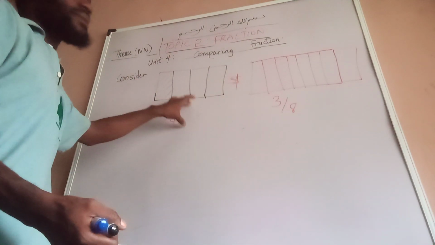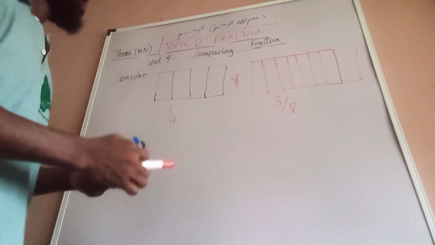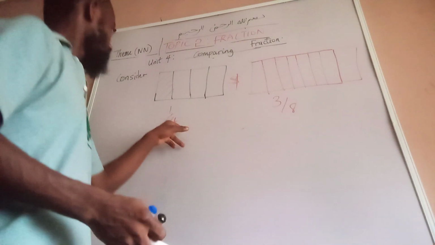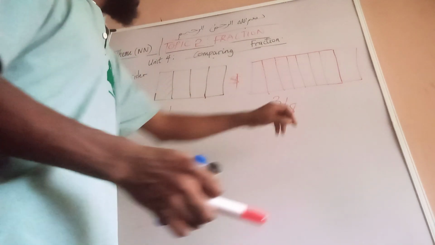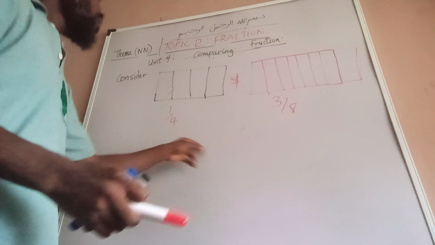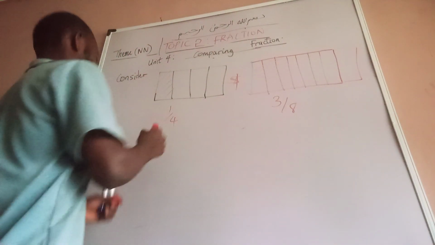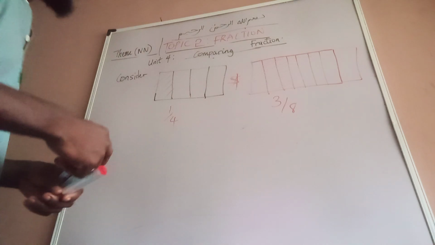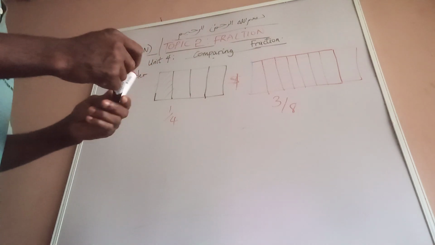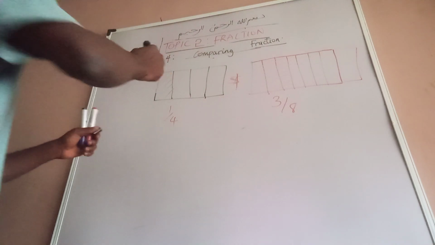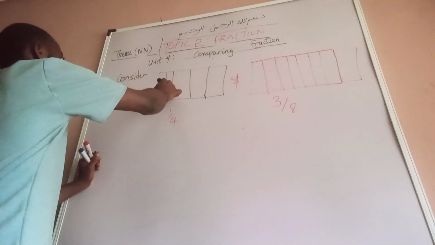The number that we can multiply this by to give us 8 is 2. So if we turn this 1 into 2, here is 2.